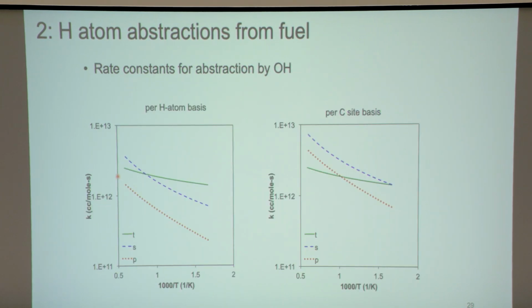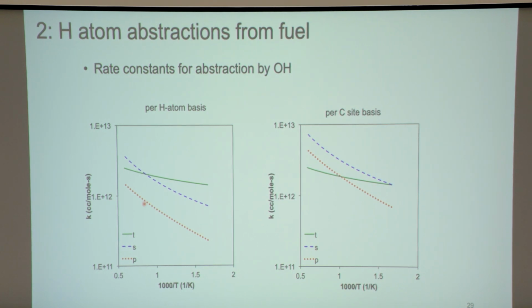And what do the rates look like? Well, this is, for example, the rate constants from OH on a per H atom basis. If you were to pull off a hydrogen from a tertiary site, you could see it's very fast. Yeah? But then as temperature increases, secondary sites start catching up. And primaries, well, primary we said has the highest bond dissociation energy, so they're the hardest hydrogens to pull off.